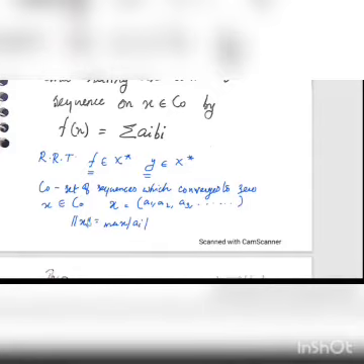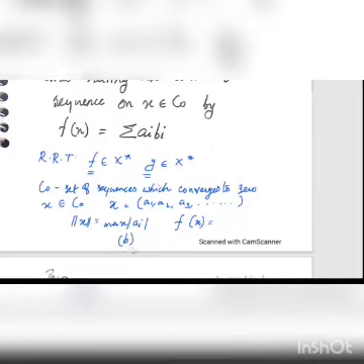With this I'm defining a function f such that f of x is equal to, for that I'm fixing an element bi.